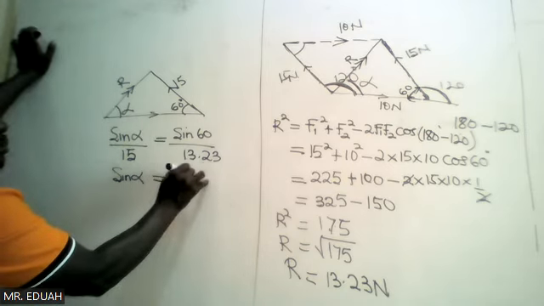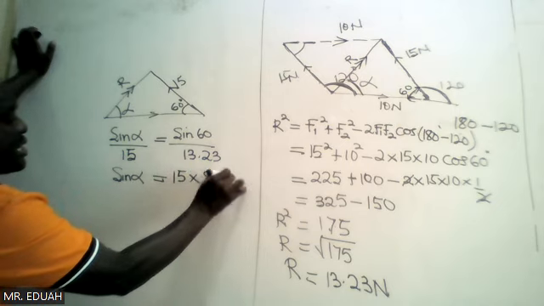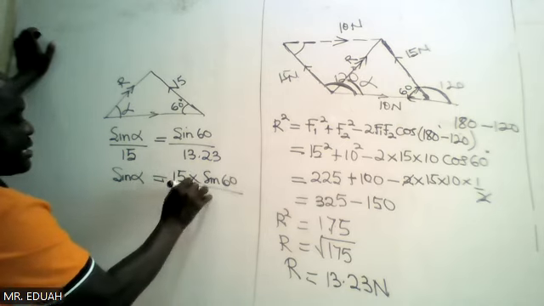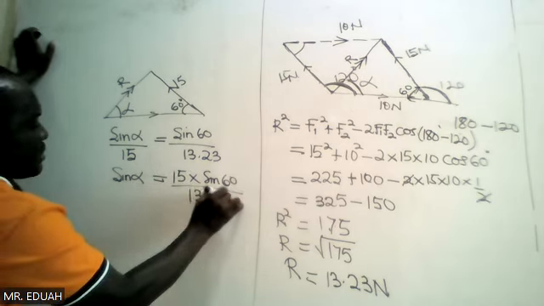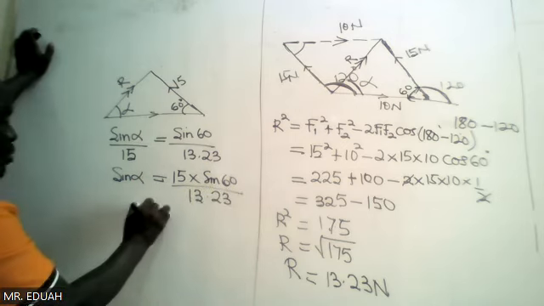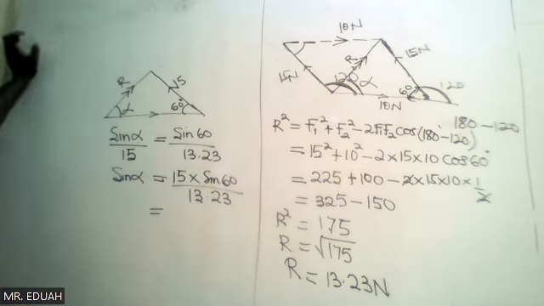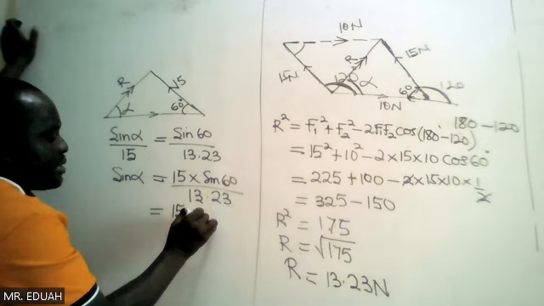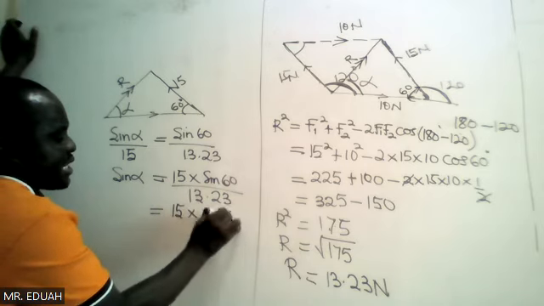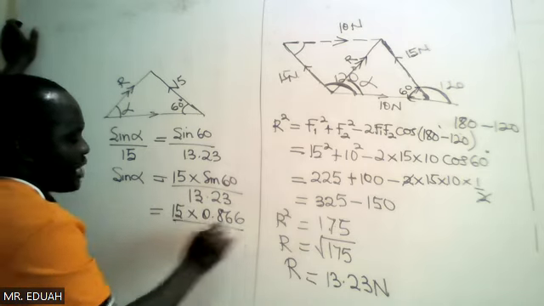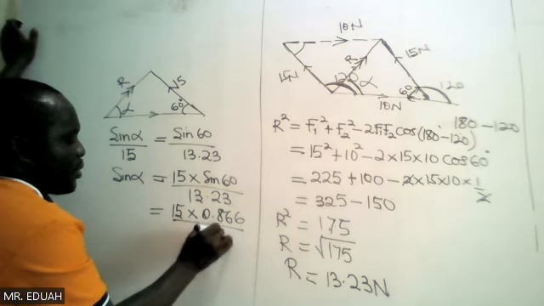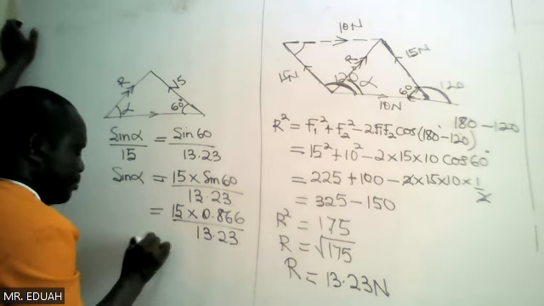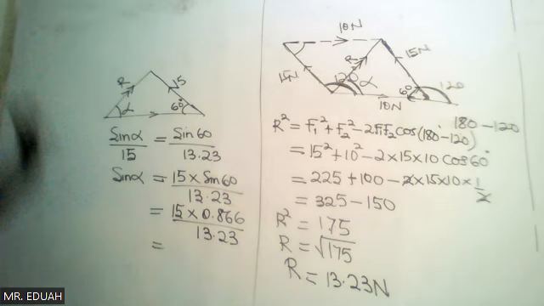So 15 by sine 60 divided by 13.23. And 60 is root 3 on 2, which is 0.866. So 15 times 0.866 divided by 13.23. Please put them together and give me the final answer.